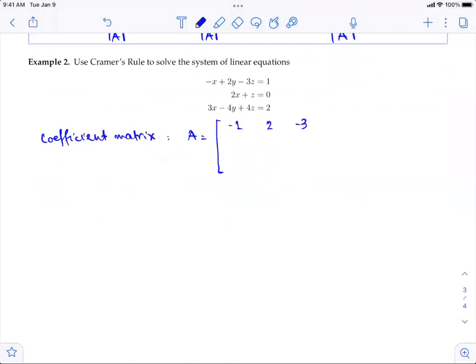The second row is 2, 0, 1. The third row is 3, -4, +4. So you have 3 equations with 3 unknowns, x, y, and z, and you need to form A1, A2, and A3.